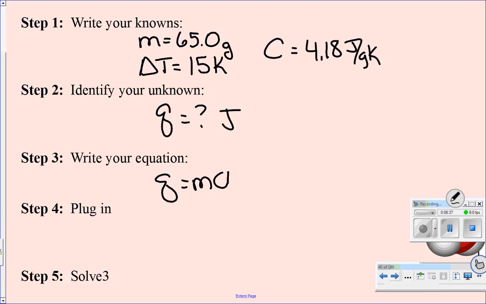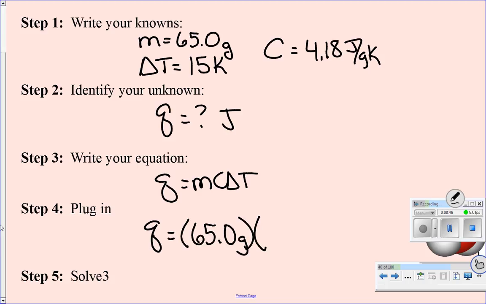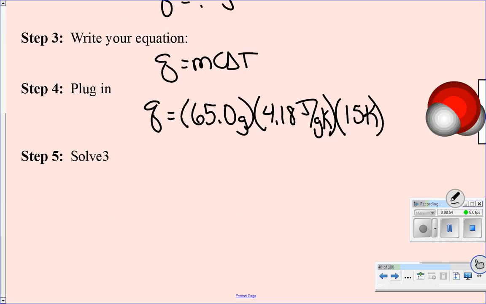Again, I'm using Q equals mc delta T. So 65 grams times 4.18 joules per gram Kelvin times 15 K. So we just have to multiply through.